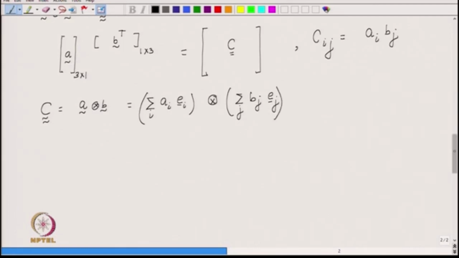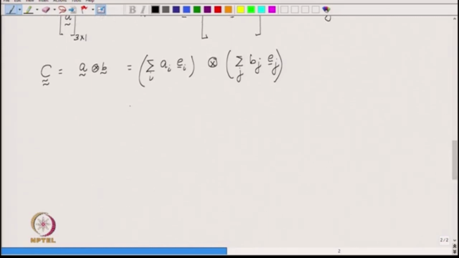Now, we could write the same thing as a double summation over i j, A i B j e i tensor product e j.